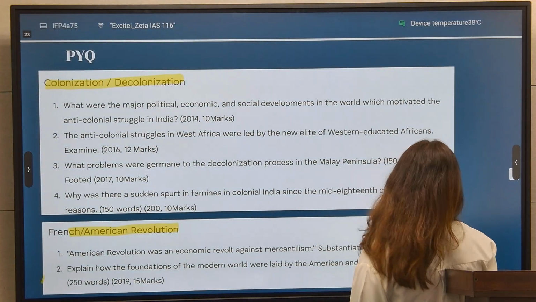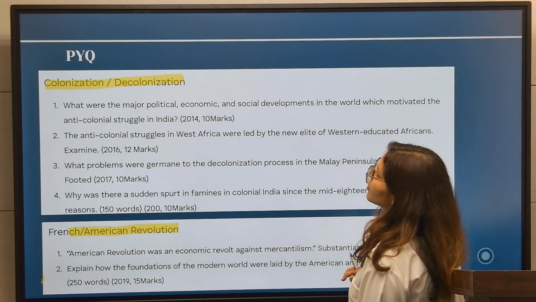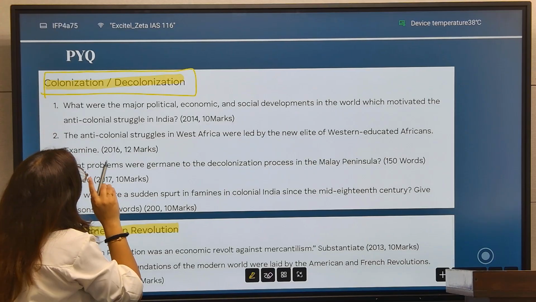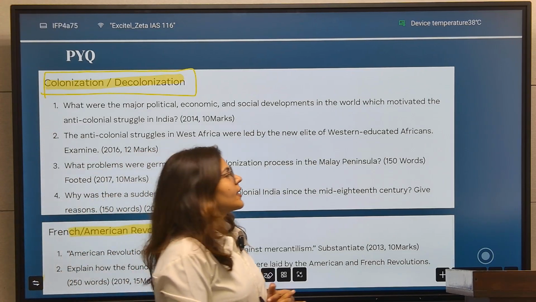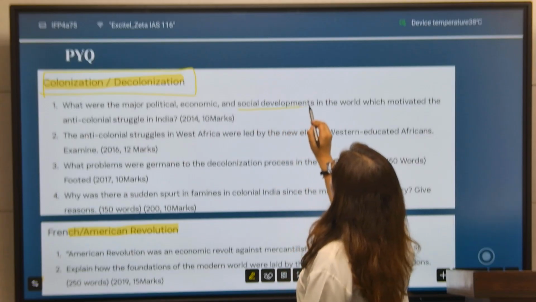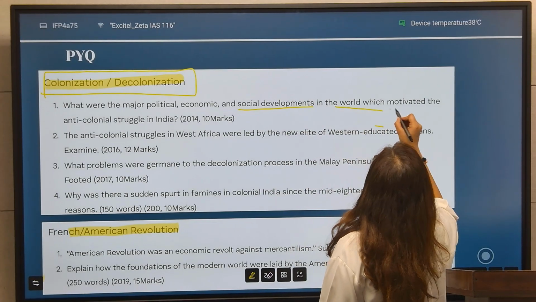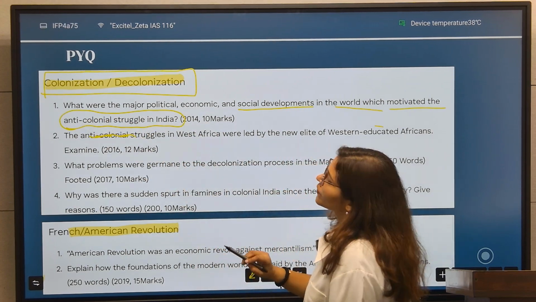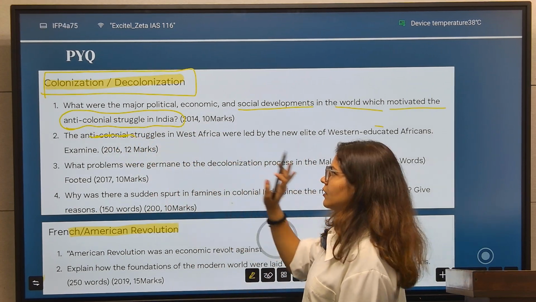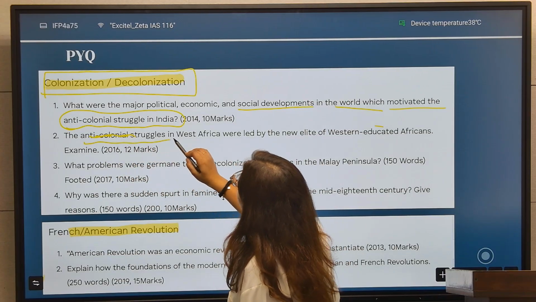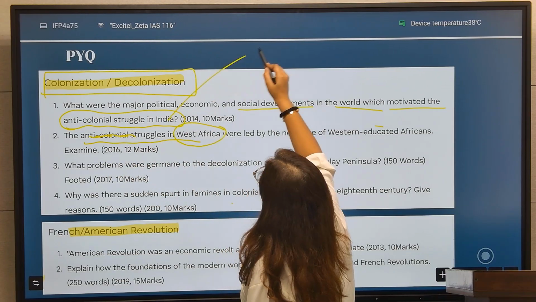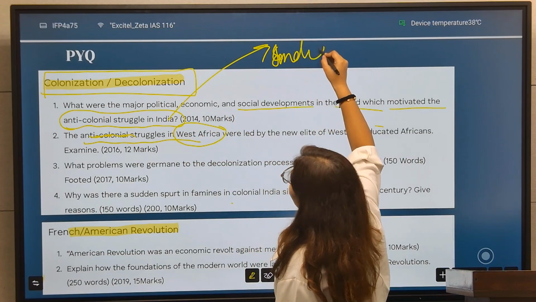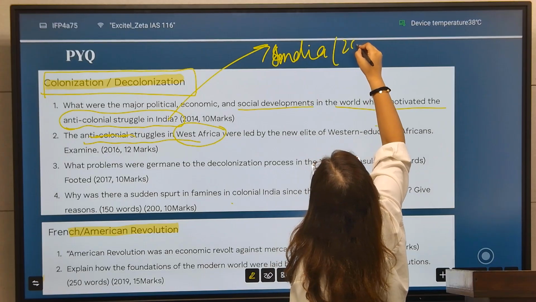Now see the PYQs. The first theme is colonization and decolonization. The question: what were the major political, economic and social developments in the world which motivated the anti-colonial struggle in India? So the question was on the anti-colonial struggle in India in 2014.